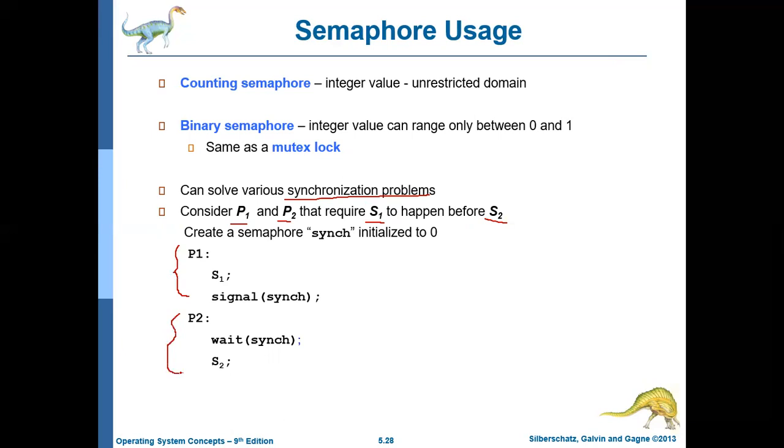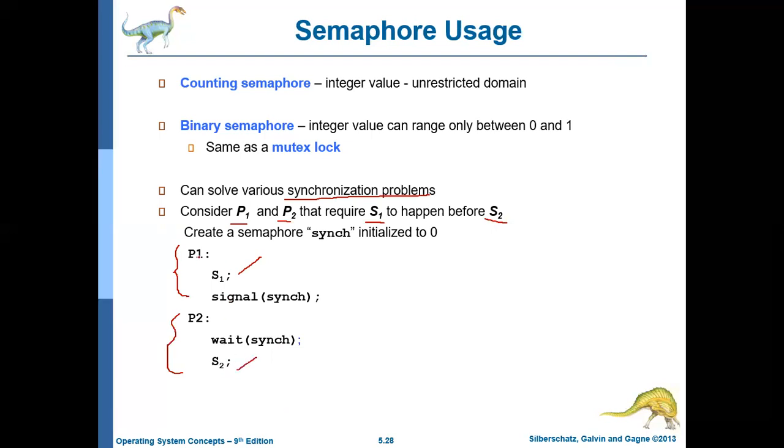Two different processes. So in process P1, this is the statement S1. What we discussed is that S1 should execute before S2, and S2 should execute after S1. So this order should be maintained.